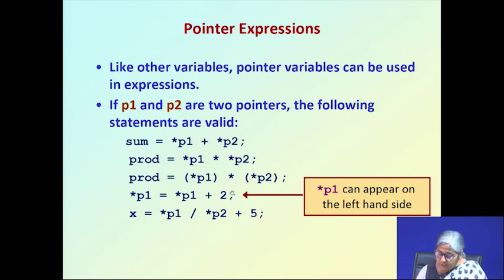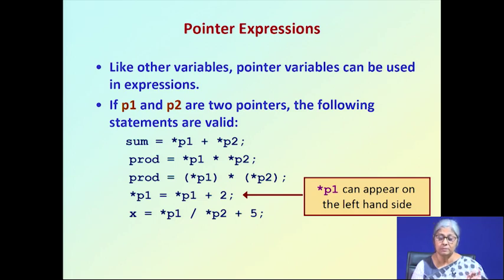Now, here star P1 can appear on the left hand side also, because I can assign some value. Star P1 equal to star P1 plus 2 means it will always increment the value of the variable by 2.